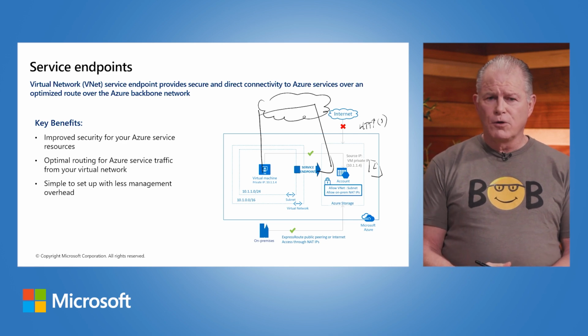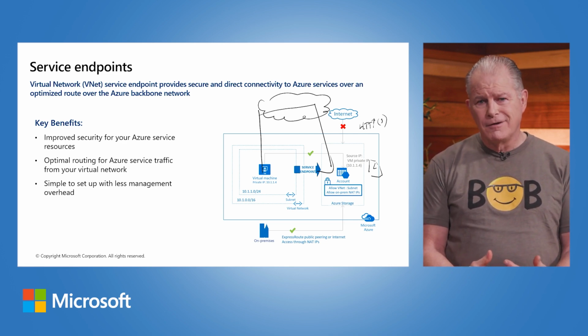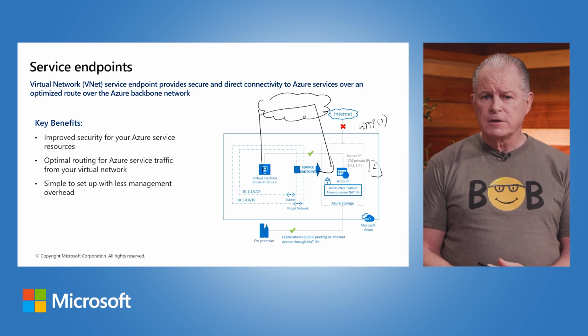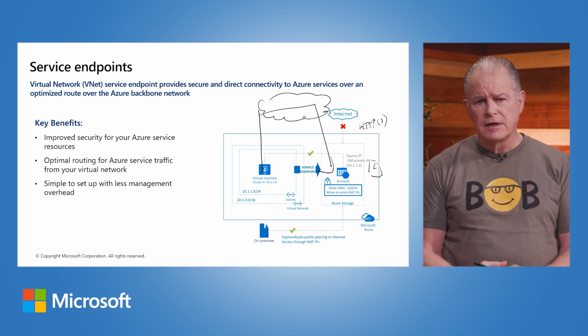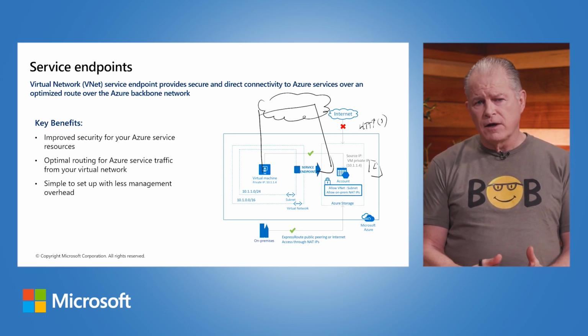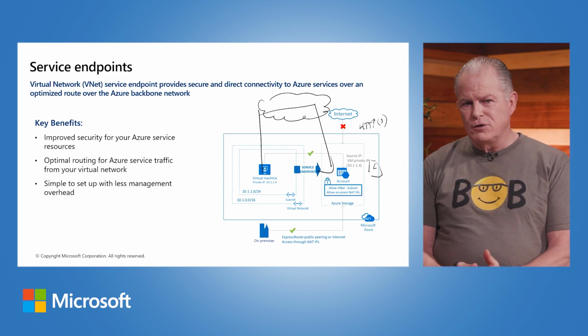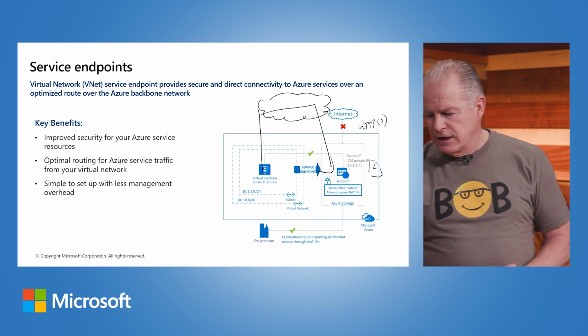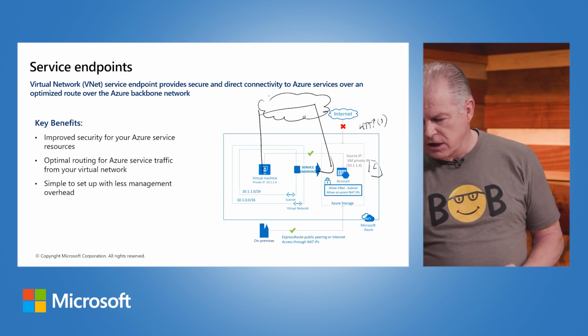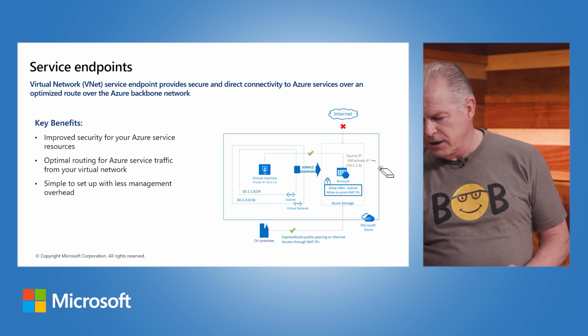Probably not the most secure way, or the most economical from a cost as well as performance standpoint. I want to shape the traffic so it goes from some point in Azure directly to that service in Azure. You'll see this in the demonstration, and I'll do this on the whiteboard, but I want to get through the topic here.